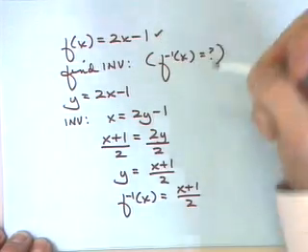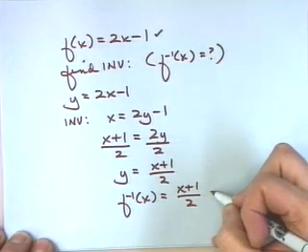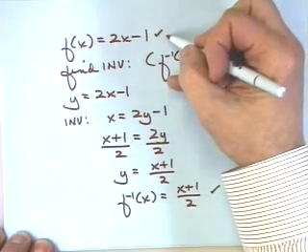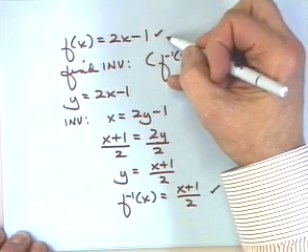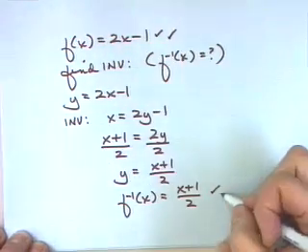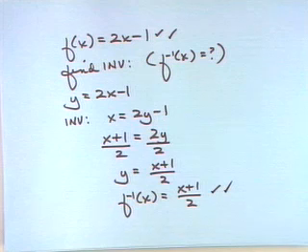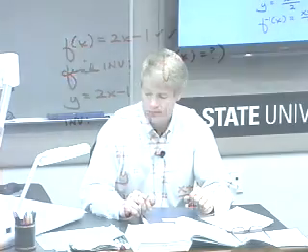Multiply by 2. What's the last thing you do to the variable quantity here? Divide by 2. What's the last thing you do to the variable quantity here? Subtract 1. What's the first thing you do to the variable quantity here? Add 1. So you can look at a linear function and basically do the opposite operations in the opposite order, and you've come up with the inverse.